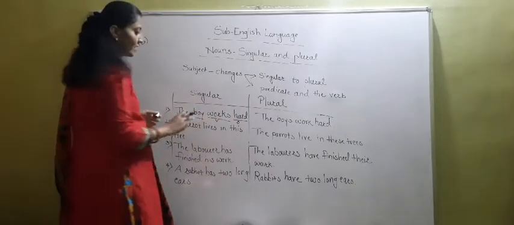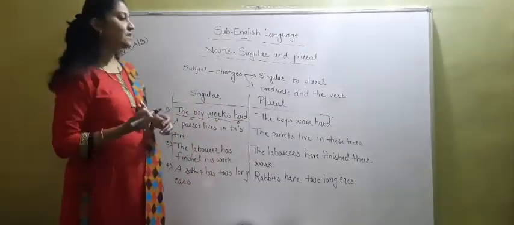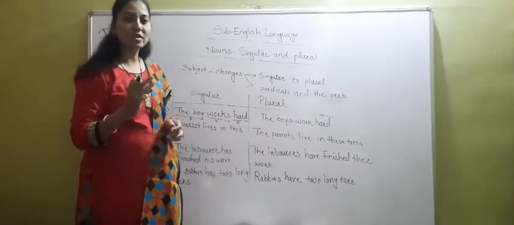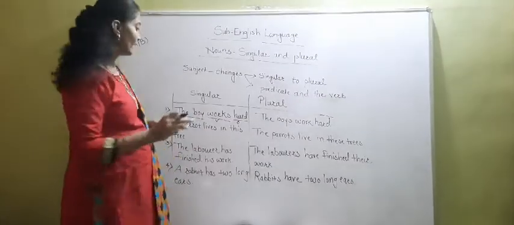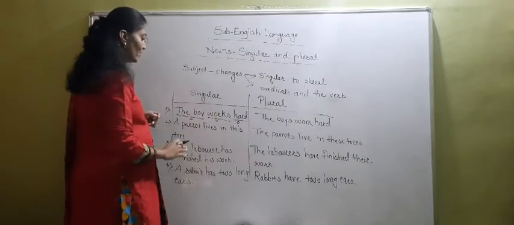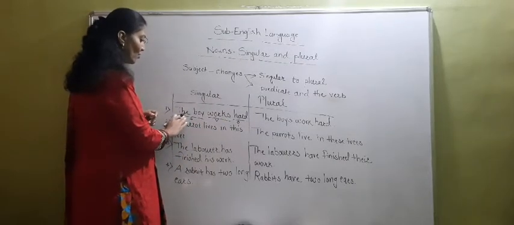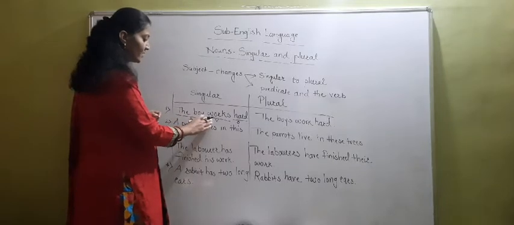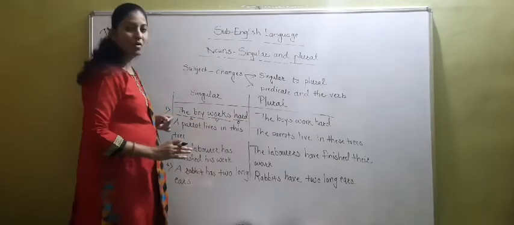Subject, verb, object. Actually each and every sentence is made up of these three important parts: subject, verb and object. So the boy works hard. This is our sentence. In this sentence the boy is the subject, works is the verb and hard is the object.